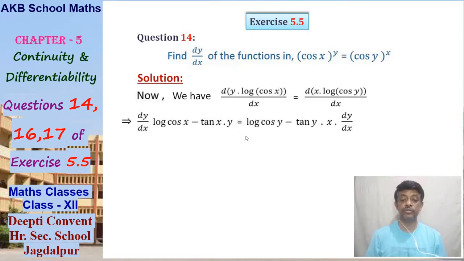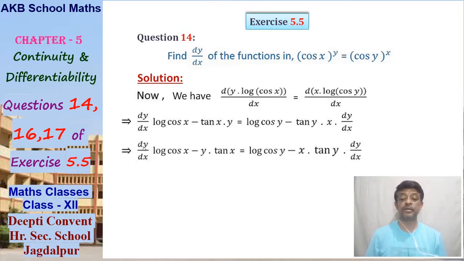So putting the value of left hand side and the value of right hand side. Now here dy by dx and here also dy by dx, so collect them, transferring. So dy by dx log cos x minus y tan x equals log cos y minus x tan y dy by dx.